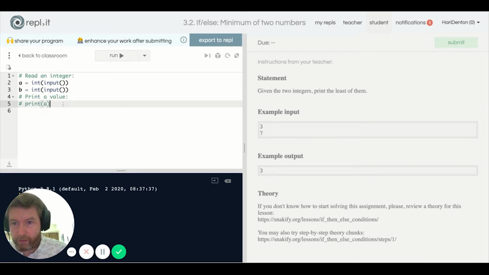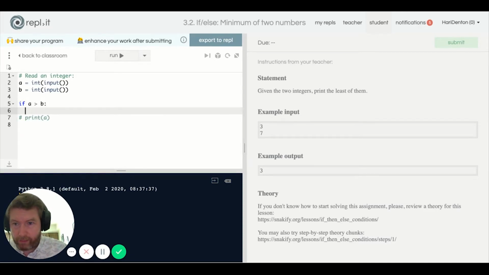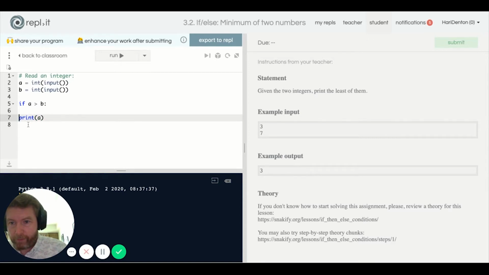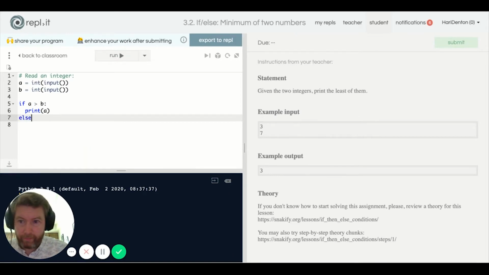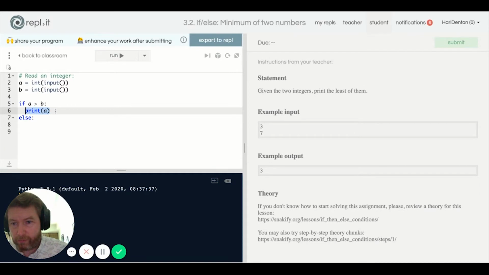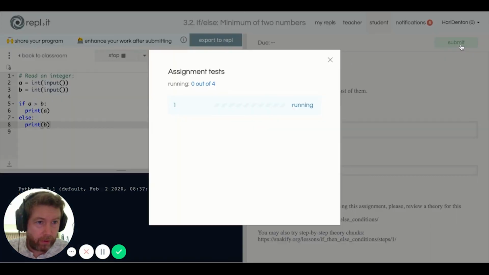So if A is greater than B, just use the standard mathematical greater than sign. So if A is greater than B, we're going to print A, otherwise, else we're going to print B, right? A is bigger than B, print A, otherwise print B. All right, there's no other options. I mean, there is another option. They could be exactly the same, but then it doesn't really matter which one we print, right?